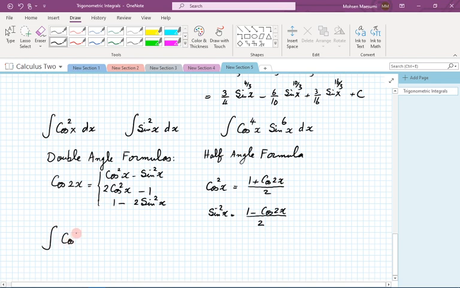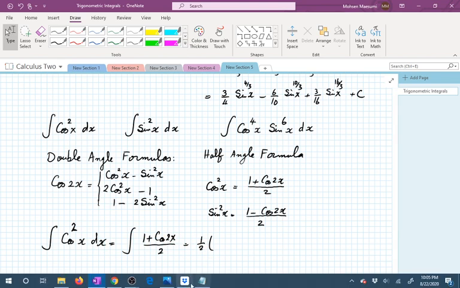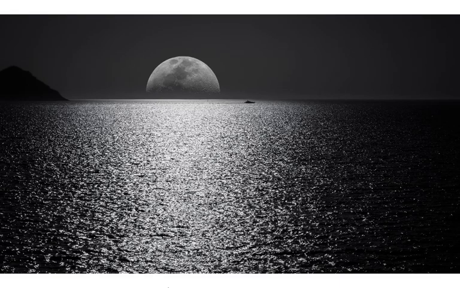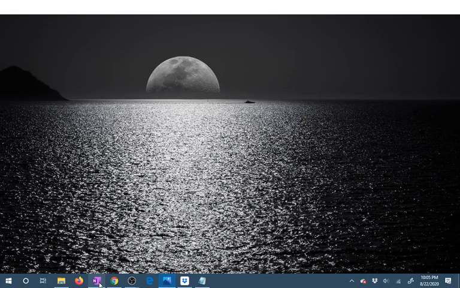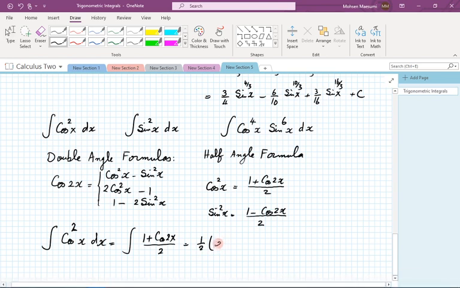Suppose I want to figure out cosine to the power of, well, let's do the cosine squared itself first. Cosine squared of x dx. The trick is just to replace it by 1 plus cosine of 2x over 2. Put the factor of a half outside. Integrate: what's the antiderivative of 1? Well, that's just x.